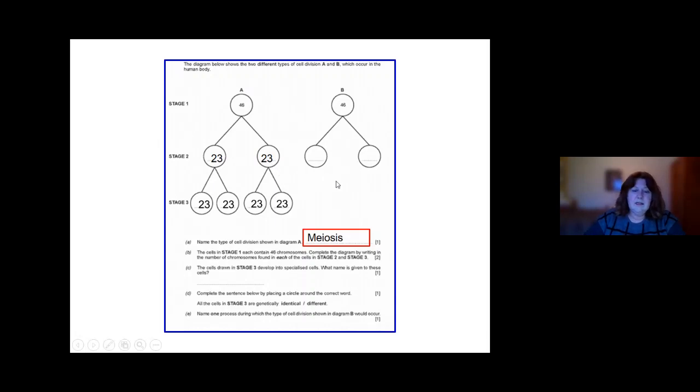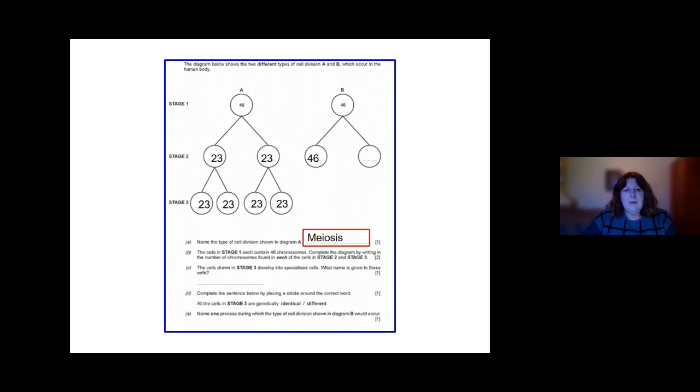And then in cell B, the next question says the cells drawn in stage 3 develop into specialized cells. What's the name given to these cells? Well, we know they are the gametes.